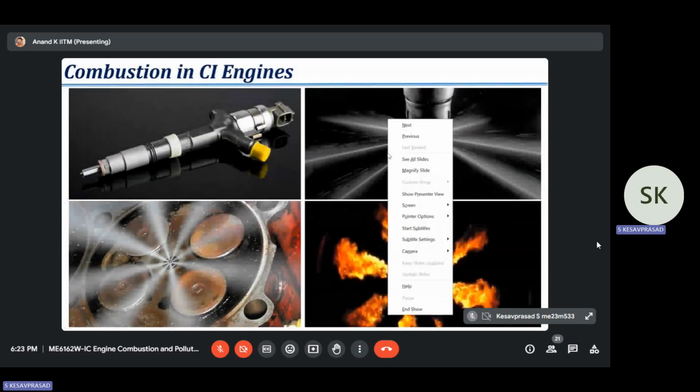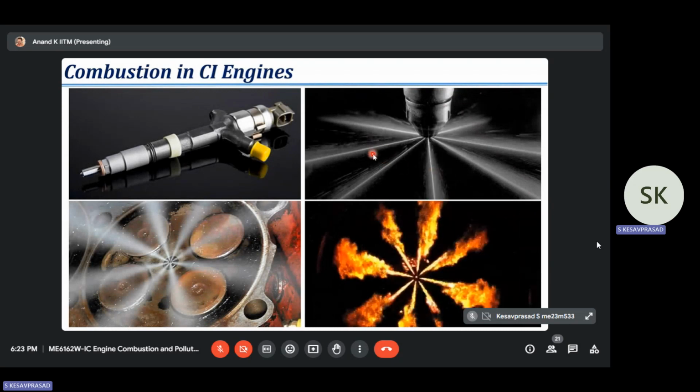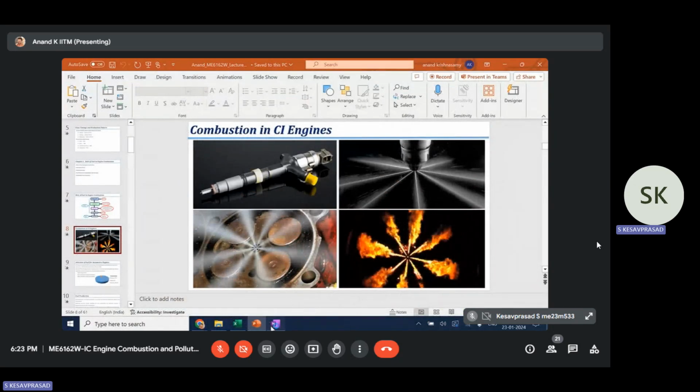You have n number of spray profiles depending on the number of orifices located in the injector. As I said, these orifices are equally spaced in the circumferential direction of the injector tip. So you have n number of spray profiles emerging out, and they are penetrating through the air. Air is offering resistance to the free movement of the spray.